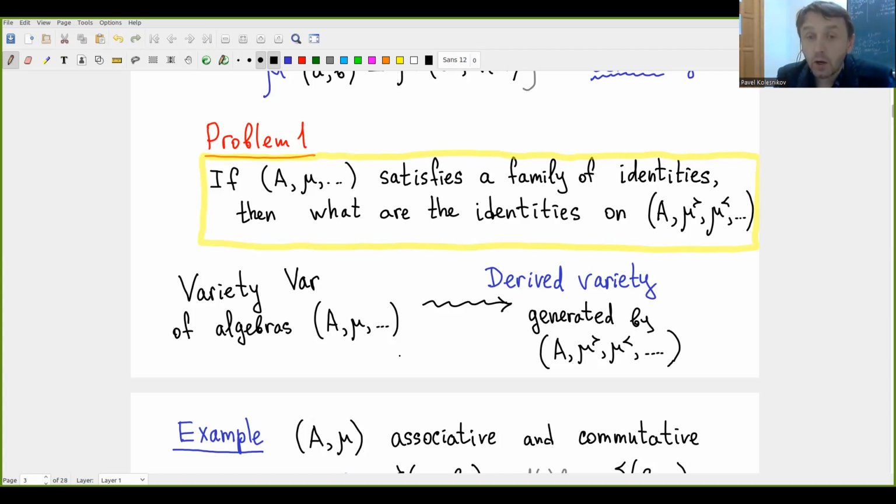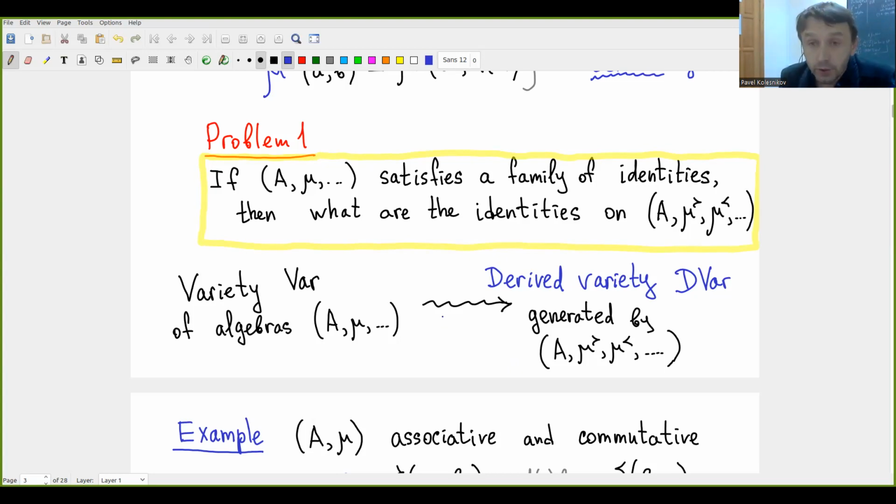And then consider all those identities that hold on all such derived algebras. What we obtain, let us call derived variety and denote it, for simplicity, d var. So derived variety of var. In other terms, we may consider the class of all derived algebras and generate the variety in the ordinary sense. Consider Cartesian products, then subalgebras, then homomorphic images, as is usual in universal algebra.